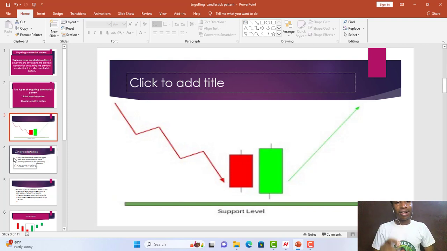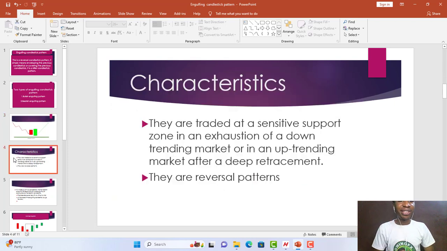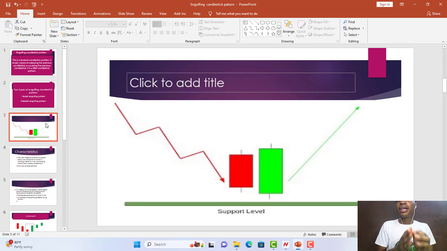But there is still a second way of trading it. They are traded at a sensitive support in the exhaustion of a downtrending market, or in an uptrending market after a deep retracement. What does this mean? In an uptrending market, you can also trade it. That market is making a high, a low, a higher low, a higher high.